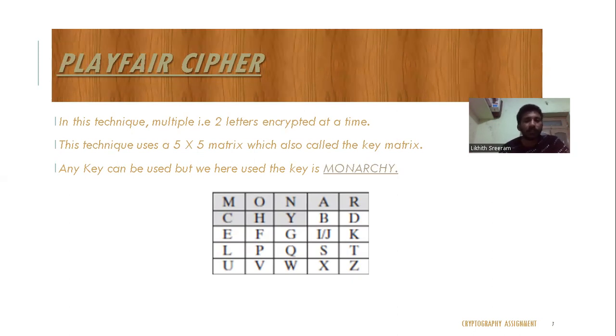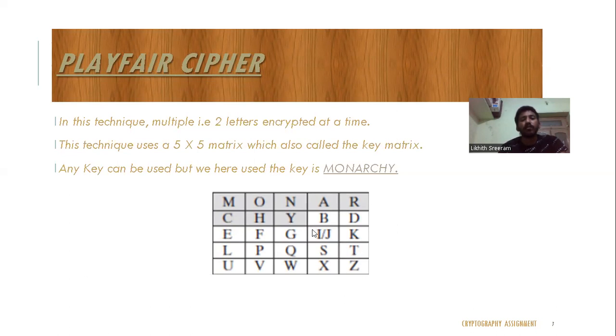In this technique, two letters are encrypted at a time. Actually, it is a multi-letter encryption cipher. In this 5 cross 5 matrix, they will give a key; we have taken a key called monarchy. We arrange the key in sequential order in the 5 cross 5 matrix and fill in all the alphabets without repeating, because there are only 25 spaces but we should fit 26 letters.